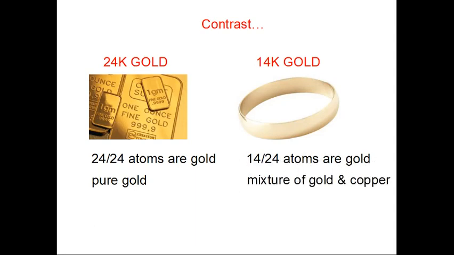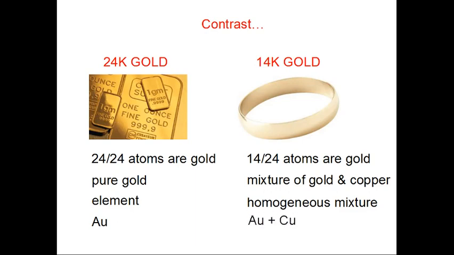Now why would you want to do that? Well, if you've ever been around pure gold, you know it's soft, it can break. So you mix in some copper to make it so it doesn't break, and also make it a little bit cheaper. 24 karat gold is an element, a pure substance. 14 karat gold is a homogeneous mixture, an alloy. 24 karat gold, on the periodic table, is Au. 14 karat gold is Au plus Cu.